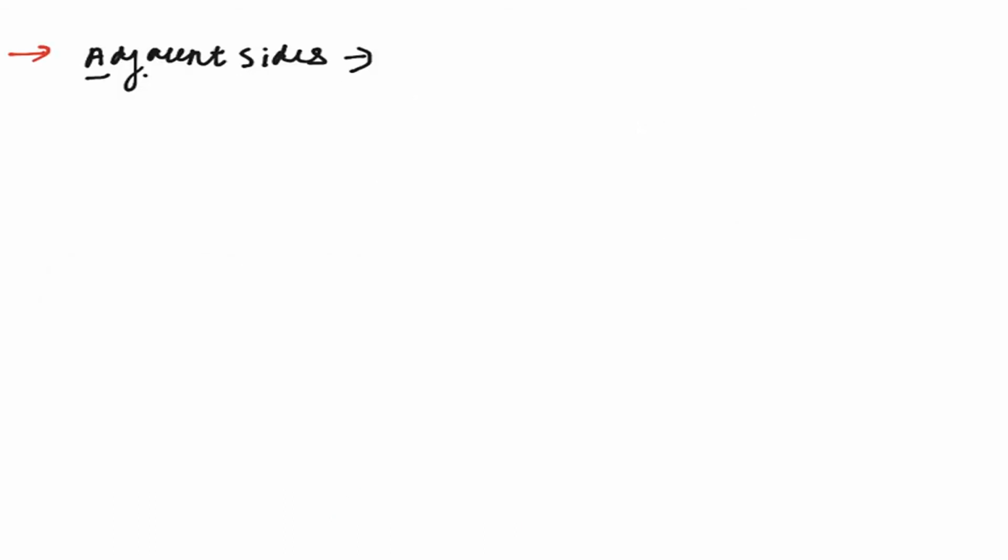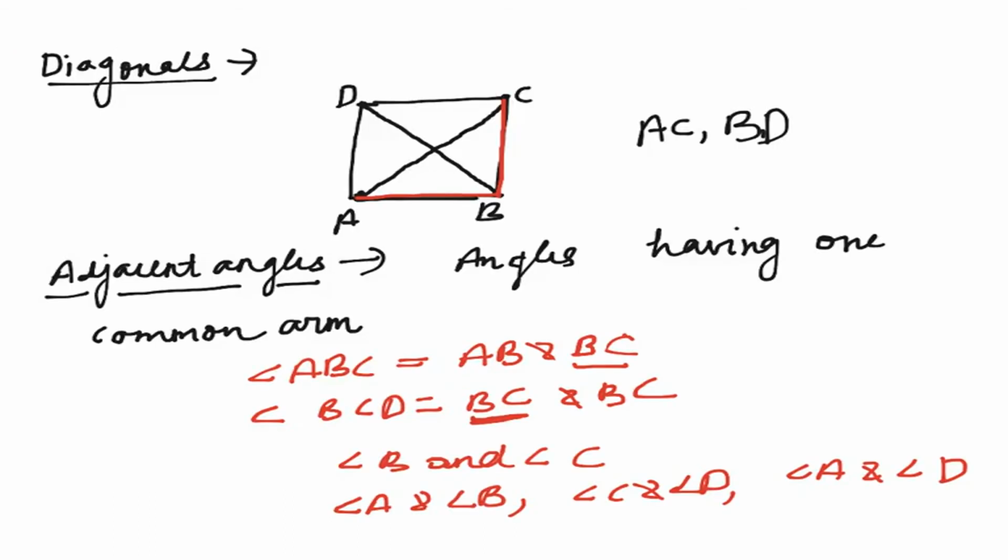Next we have adjacent sides. If we see in the last figure, take AB and BC. What we can see over here is they share a common point, that is B. So any two line segments that share a common endpoint are known as adjacent sides.